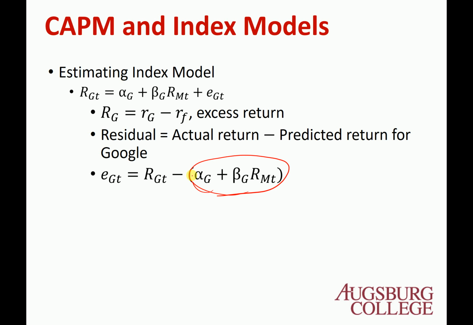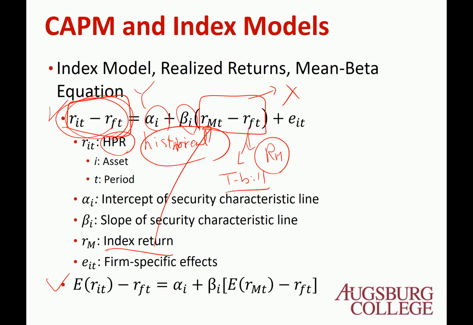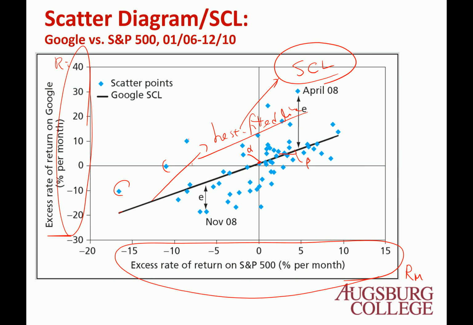So using alpha and beta, we have a predicted value using the market factor, and this is the realized returns, and there is some gap between the two, that's called the residuals. We expect that the sum of residuals is close to zero. Then this is the best fitted line. So we try to minimize this residual. That's how regression works.